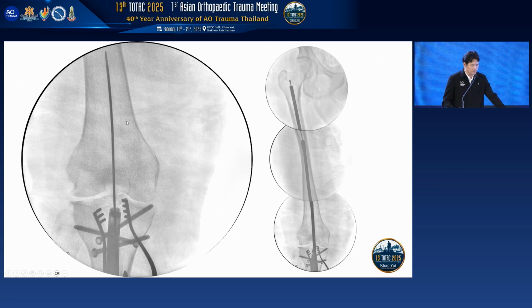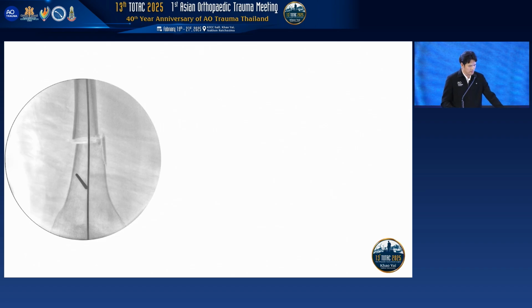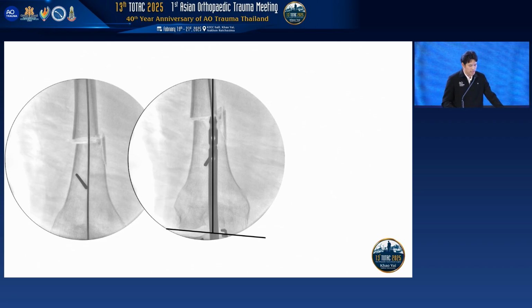Because the bone bends, we use the blocking screw here in order to get the proper nail position. After that, we do the closing wedge osteotomy close to the CORA, and then we use the nail to reduce the deformity.